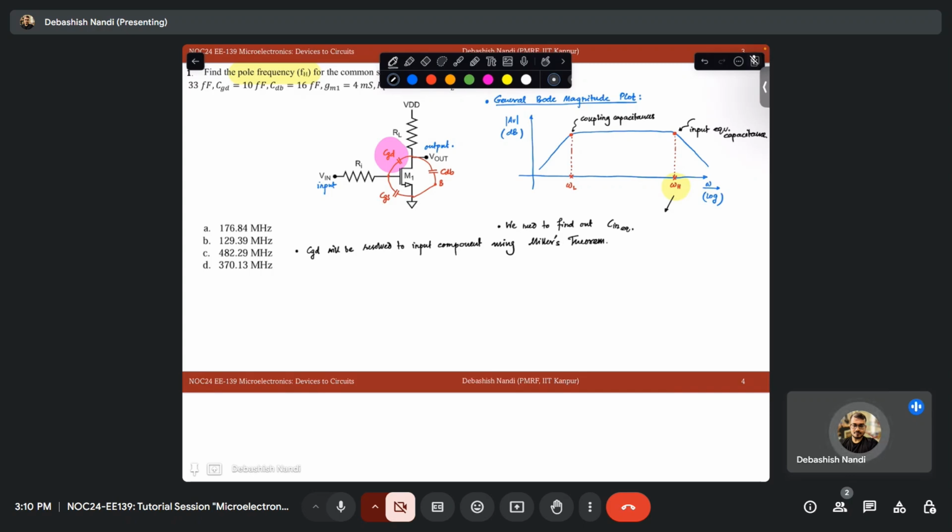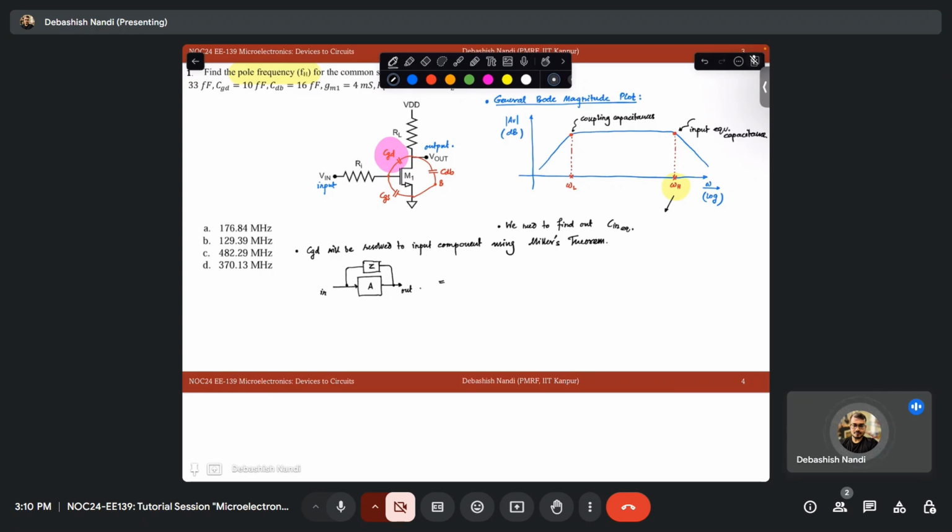What is Miller's theorem? We know that if this is a system where the forward path gain is A, and we have an impedance Z connected between input and output, we can resolve this Z into two components.